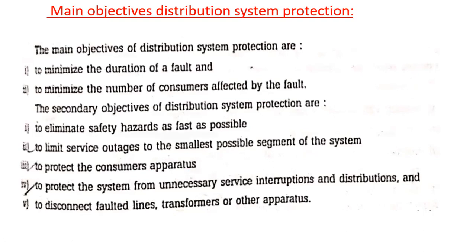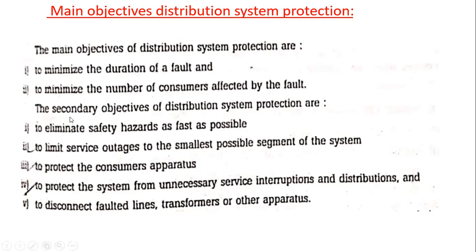That's why we are also clearing the fault by using different types of circuit breakers. And also to minimize the number of consumers affected by the faults. The second consideration is that we are reducing the number of consumers that will be affected during the faulted condition.